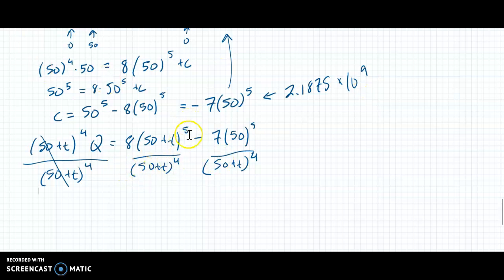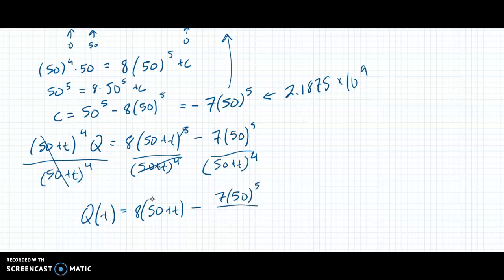There's 4 of them down here, 5 of them up there. This will cancel with all but that and leave me with only 1. And then this guy's not going to change. So I get q of t is 8 times (50 plus t), which if you wanted to distribute that in, that's totally fine. Up to you. That's cool. Minus 7 times 50 to the fifth over (50 plus t) to the fourth.